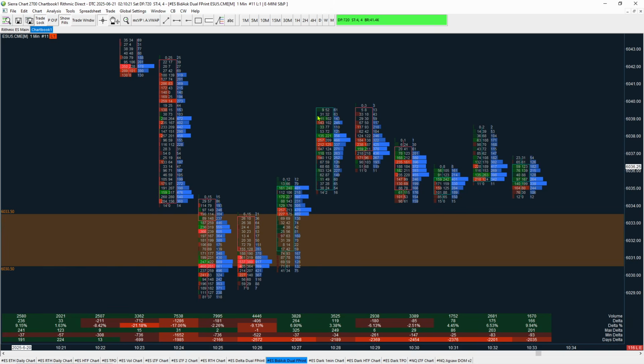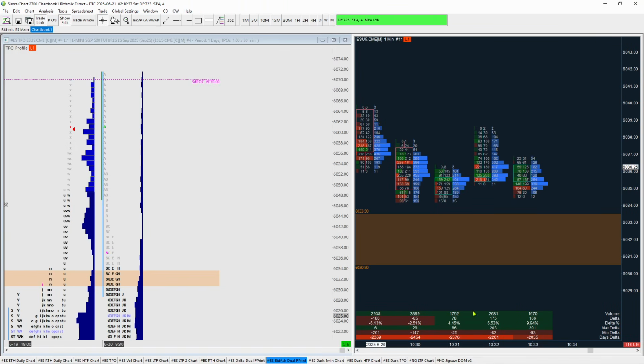This information can be very useful if you have some levels and you want to see how participants are interacting with those levels to build a contextual idea on how you want to interact with the market. So today at the open, let's go to a 1 minute chart and an order flow chart.